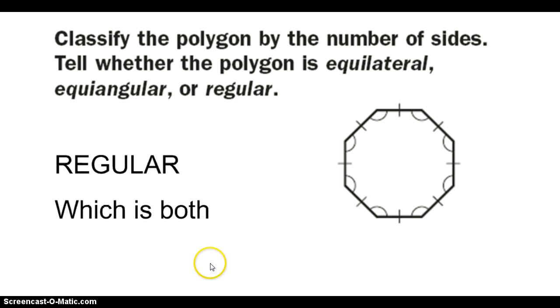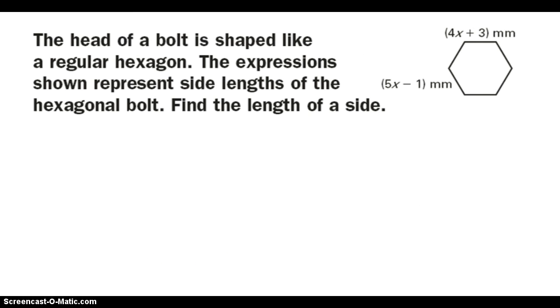So regular, which means it's both equiangular and equilateral. And then lastly, let's look at an algebra style problem. The head of a bolt is shaped like a regular hexagon. So the fact that in the description I told you it's regular, you should now know something about the sides. The expression shown at the right gives you the side lengths. Find the length of a side.